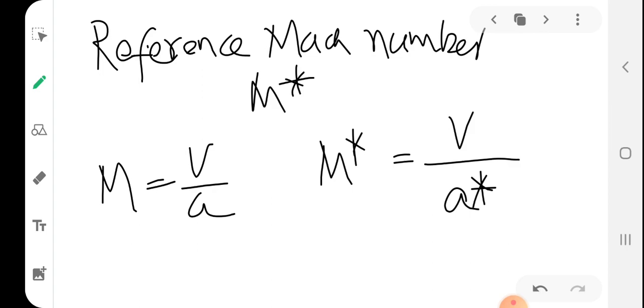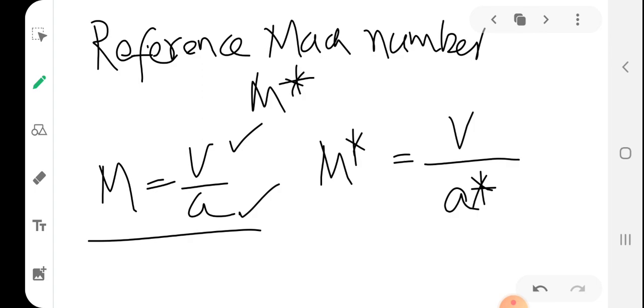So students, Mach number increases when velocity increases. When sound velocity decreases, Mach number decreases. So Mach number is a function of both V and A. Since both V and A are variables, Mach varies with respect to both the parameters, right?